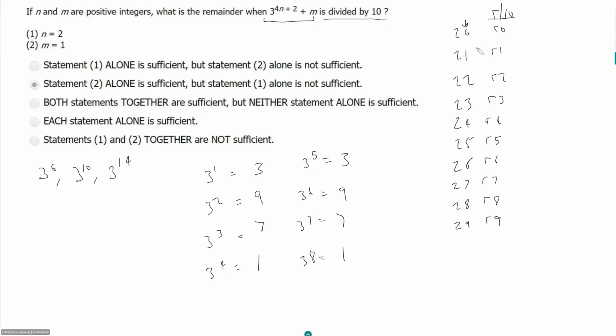It looks like no matter what, we're always in this row here for our exponent. And therefore we know 3 to the 4n plus 2 will always have a units digit of 9.